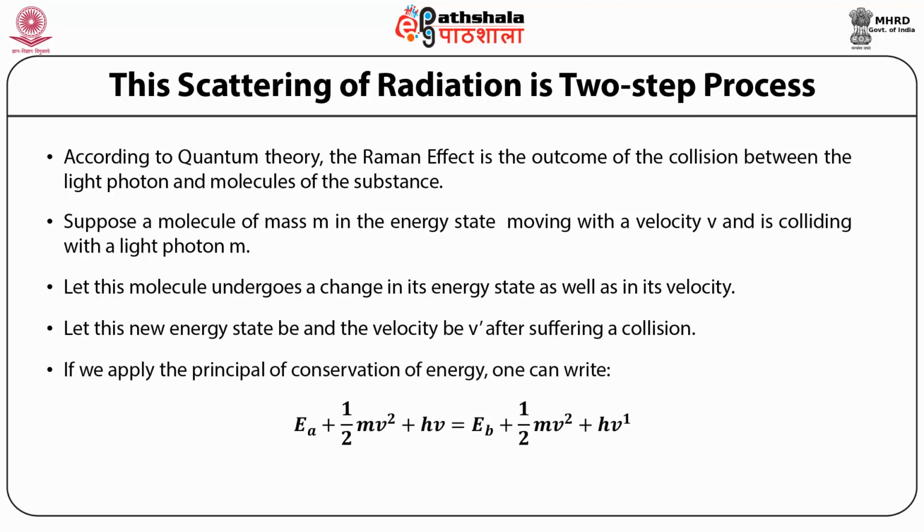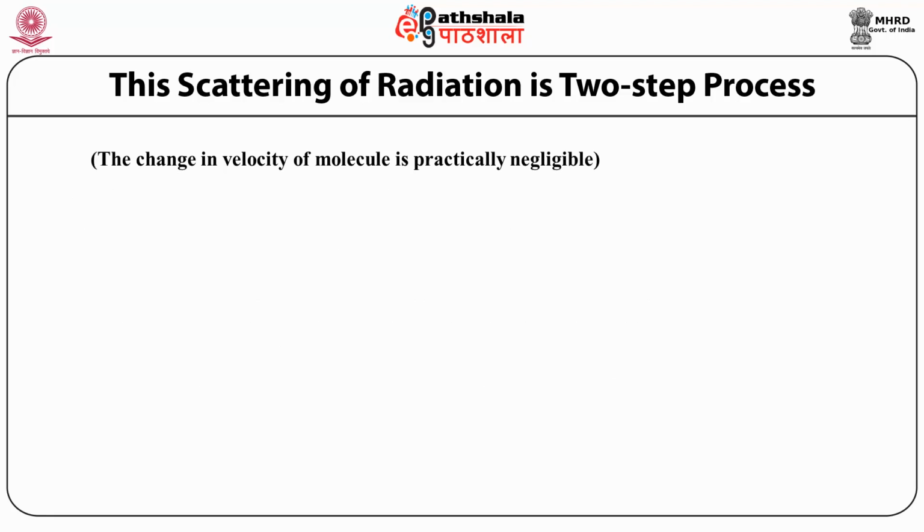If we apply the principle of conservation of energy, one can write Ea plus half m v square plus h nu is equal to Eb plus half m v prime square plus h nu prime. The change in velocity of the molecule is practically negligible. So Ea plus h nu is equal to Eb plus h nu 1, or we can find nu 1 is equal to nu plus (Ea minus Eb) upon h, or nu 1 is equal to nu plus delta nu.